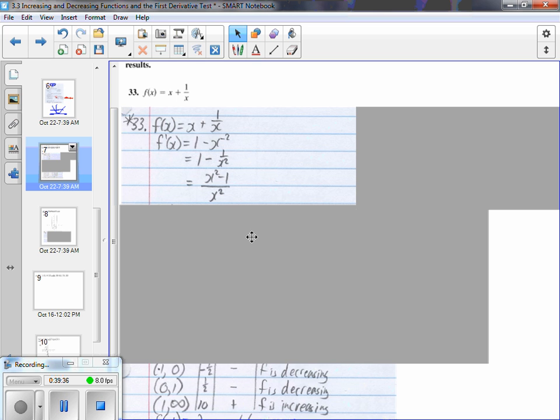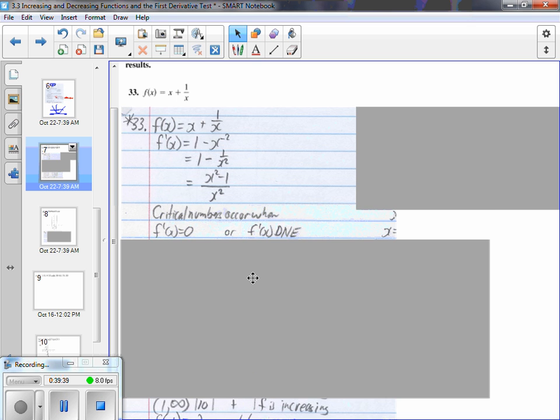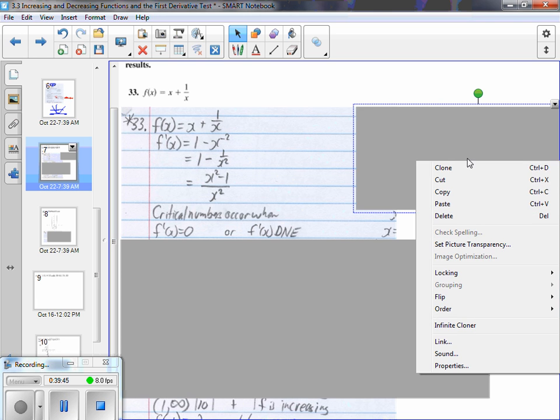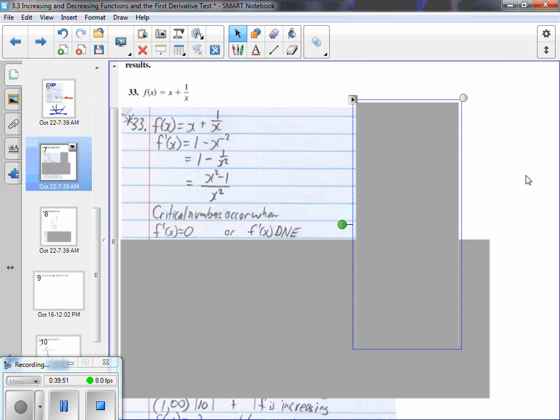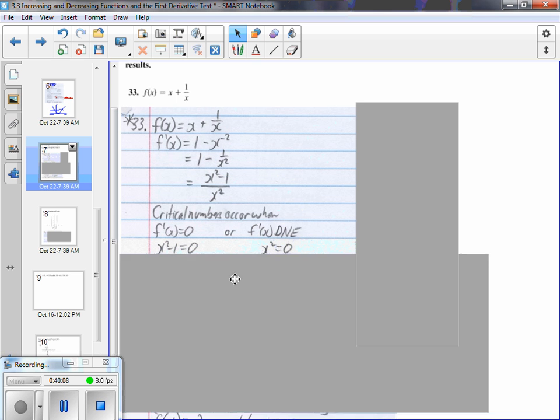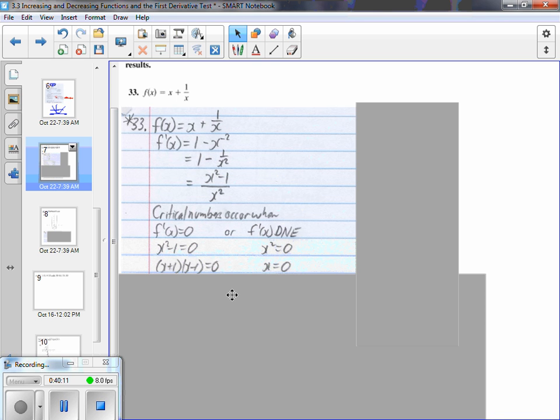Then we use our magic sentence. Critical numbers occur when f prime of x equals 0 or f prime of x does not exist. If f prime of x equals 0, what equals 0? The numerator, x squared minus 1, which, by the way, I should have factored, shouldn't I? I just forgot to. So when x plus 1 times x minus 1 equals 0, and when f prime of x does not exist, what's that mean?